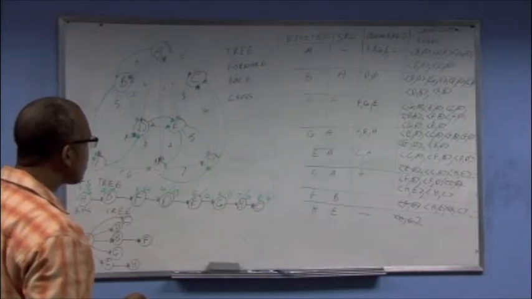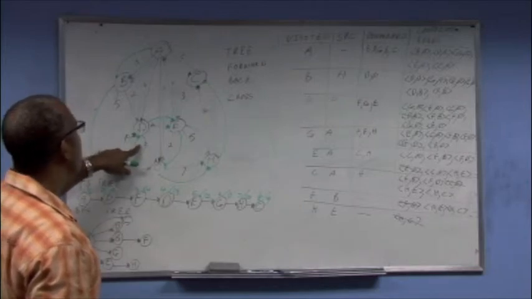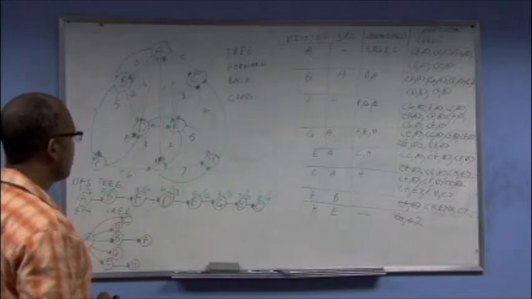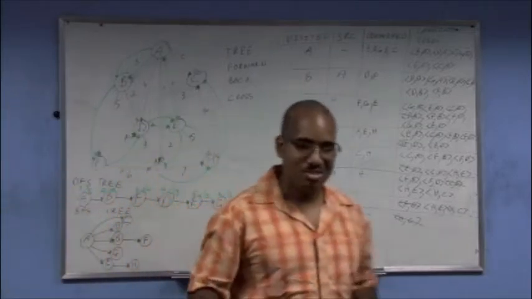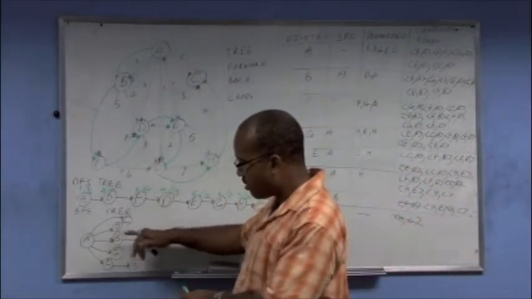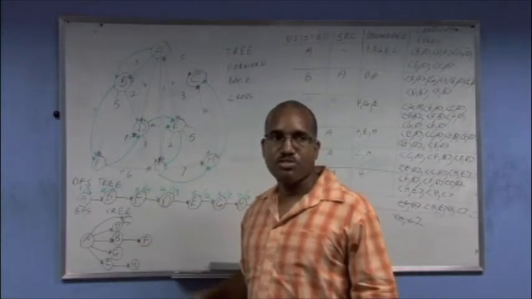We do not have any cross edges in this graph, simply because of how the graph is, it's just one line. But let's say your depth first tree had looked like this, and there's an edge from C to F, then that would have been a cross edge.